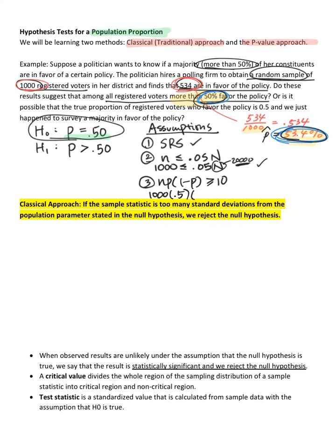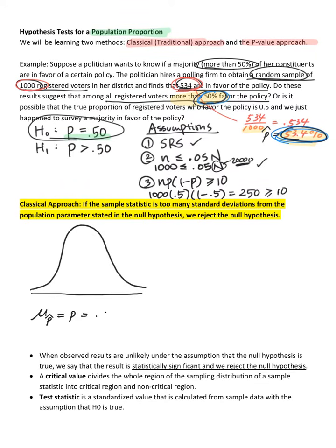Okay, and then you multiply that by 1 minus 0.5. And that is 250, which is more than 10. Okay, so all assumptions hold. Perfect. So the sampling distribution of p hat is approximately normal, with the mean mu sub p hat, which is the same as p, so that's 0.5.